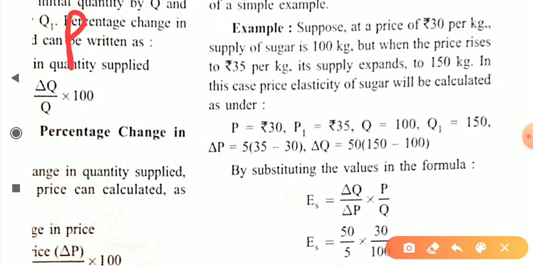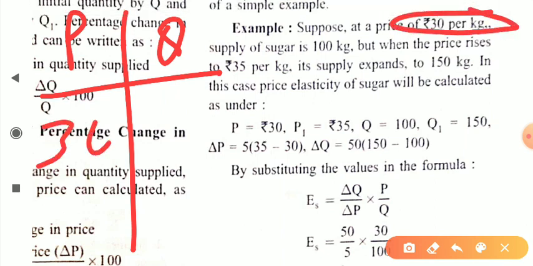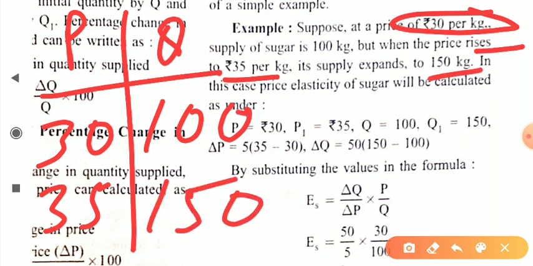Initially we have price and quantity. When the price of a commodity is 30, the quantity supplied is 100. When the price of the commodity increases to 35, the quantity supplied is 150. So we have this. You can plot your question like this.